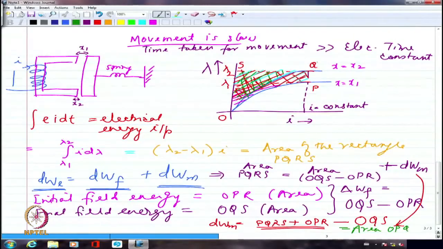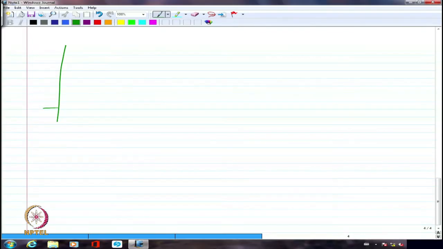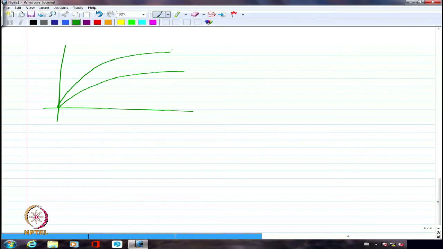Let me try to redraw the figure. What we had done is, first we showed one curve like this, we showed one more curve like this, and we showed this I to be the same I. We showed that this rectangular area gives me whatever is the electrical energy, and this particular area gives me whatever is the field energy that was originally present.